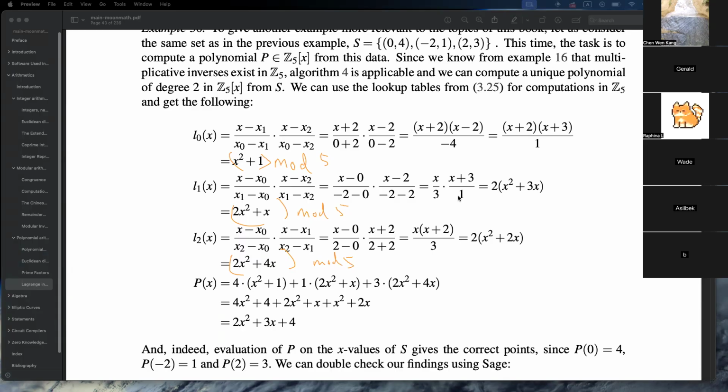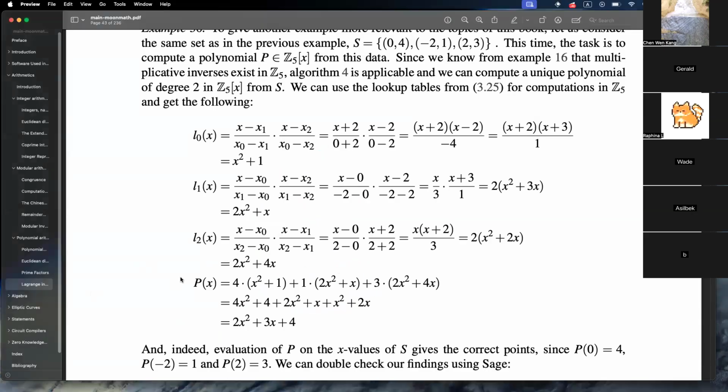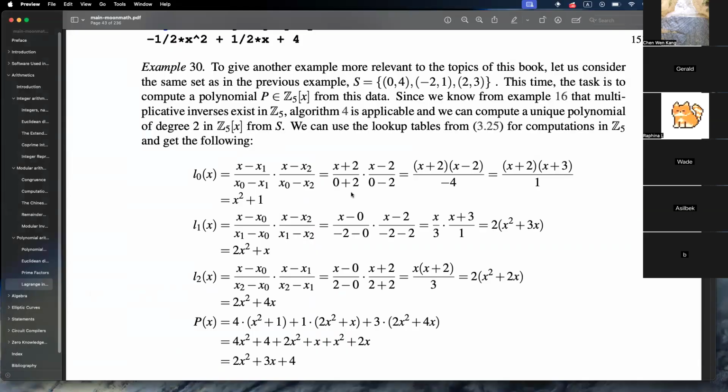So yeah, this is technically mod 5. But you usually won't see this written out. It's usually said that, hey, this is operating in a field of modular 5.